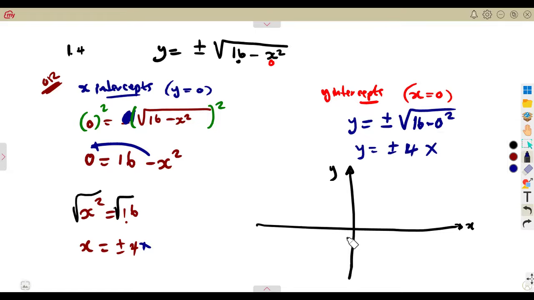From the origin, y is at 4 and another at minus 4. x is at 4, another is at minus 4. That alone is telling us that we've got a circle. So that is another way we could have drawn our circle using the intercept concept.